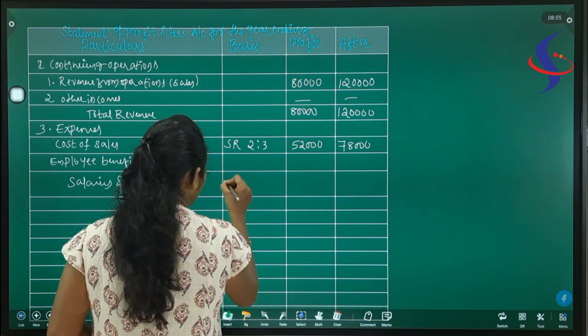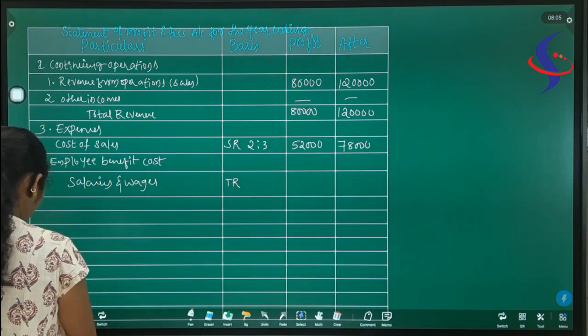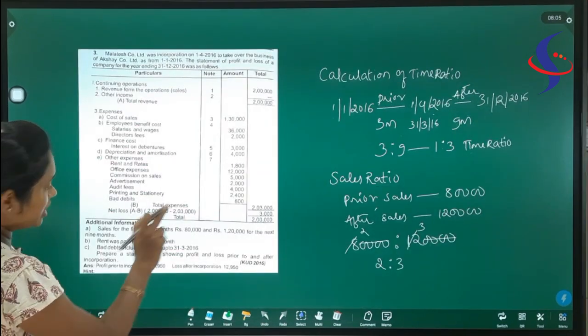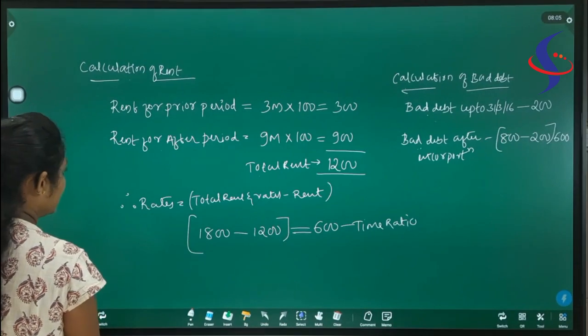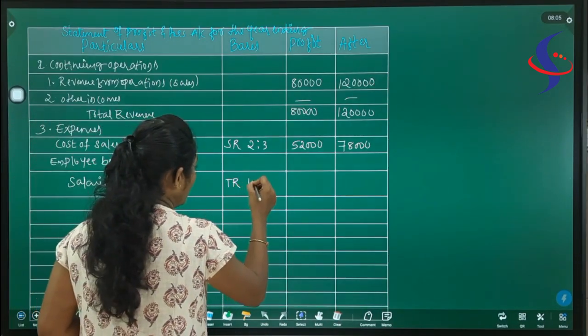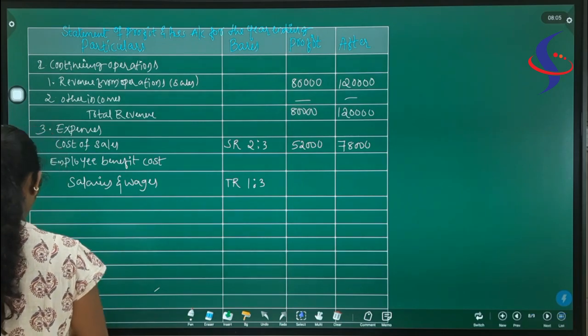How to divide salaries and wages? Time ratio, because it is fixed. What is the time ratio? 1:3. And the amount of salaries and wages is 36,000. We should divide 36,000 in 1:3.